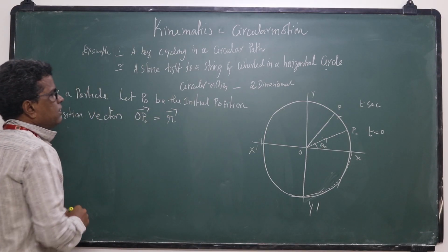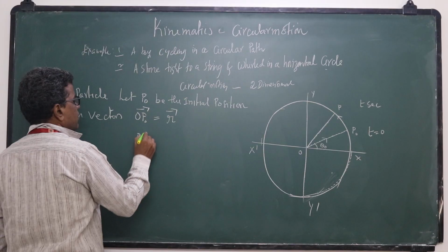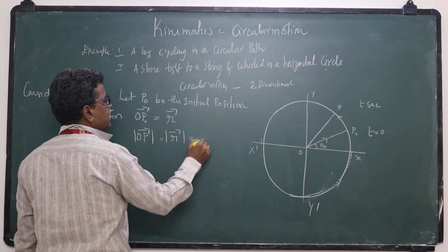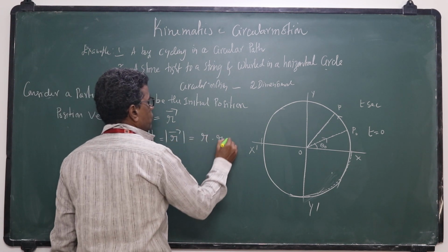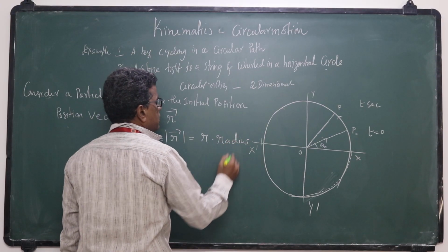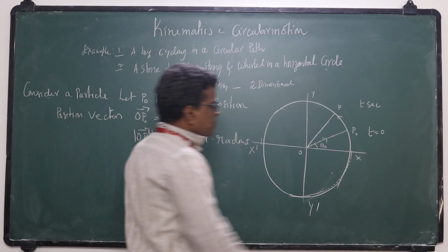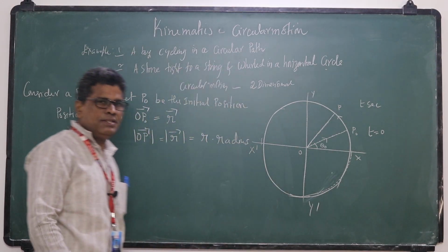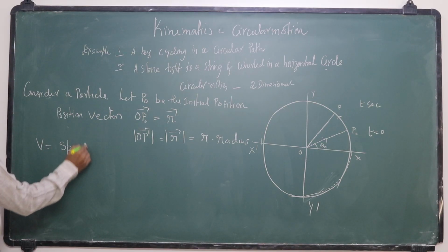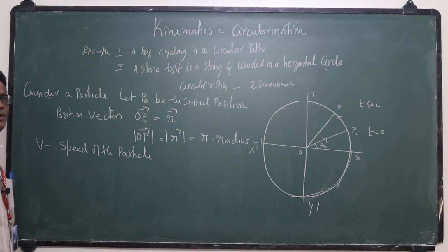Its magnitude, the magnitude of R bar, I assume as R. What is R? The radius of the circle. This position changes with respect to time. Let V be the speed of the particle. I assume that it is uniform initially.